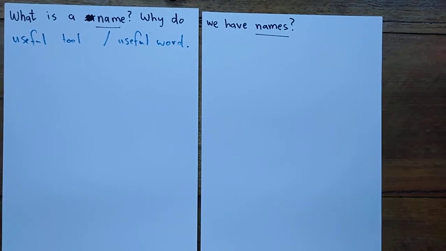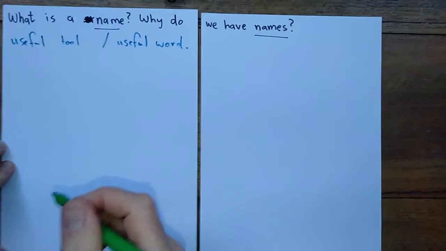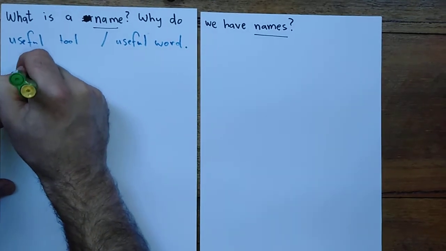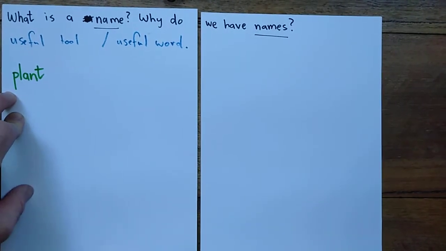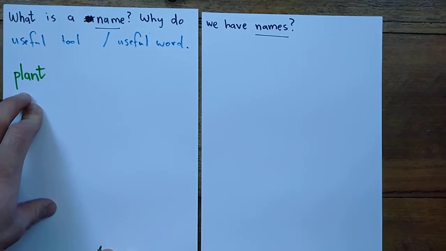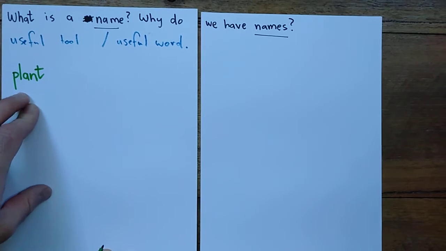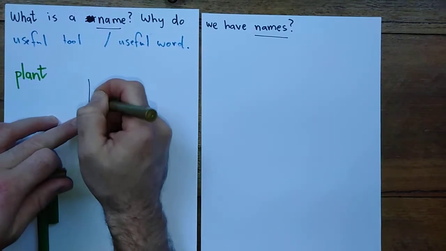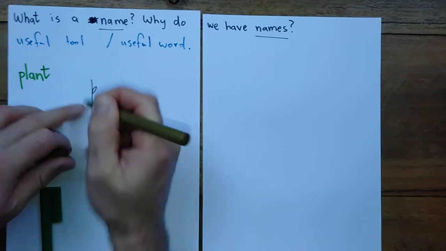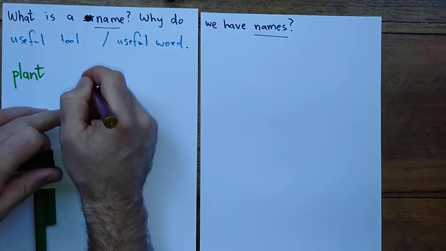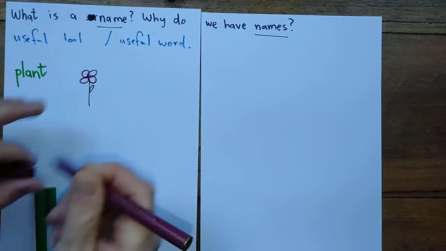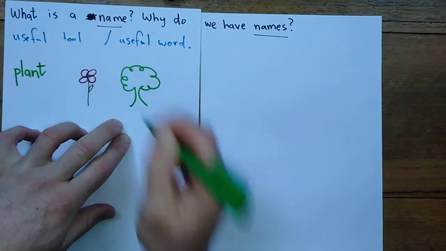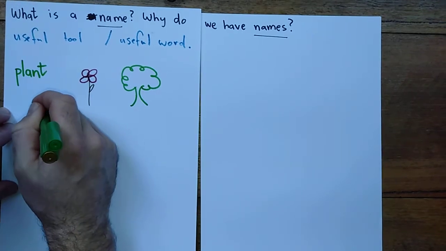Well, let's take this first word, the word plant. When I say the word plant, an image might come into your head. Something like this, or maybe something like that, or maybe just a leaf.